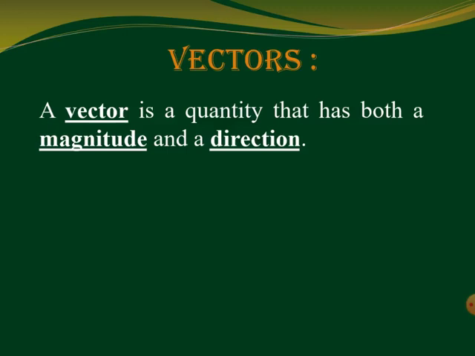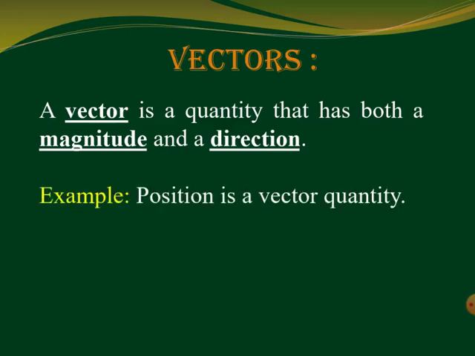So a vector quantity will have magnitude as well as direction. Only magnitude or only direction cannot specify it; both magnitude and direction will be required. For example, position vector is a vector quantity.